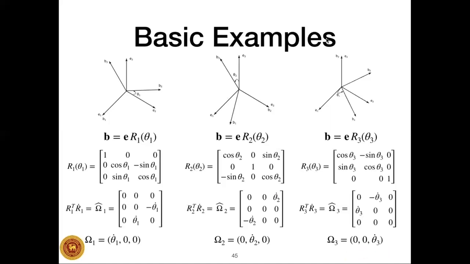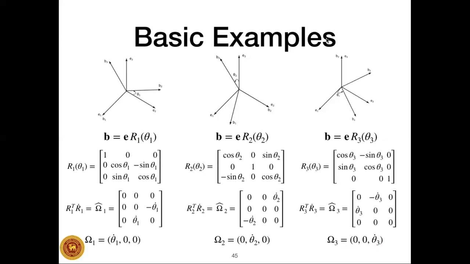Now if you look at omega 1, omega 2, omega 3, it is very interesting. Why? Because this shows that this frame B is rotating about the 1 axis at a rate of theta 1 dot, and that's what this says, 1 axis theta 1 dot. This frame is rotating about the 2 axis at a rate theta 2 dot, and that is what this thing is saying. This frame is rotating about the 3rd axis at a rate of theta 3 dot, and that is what this says.